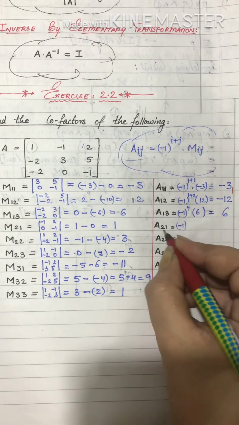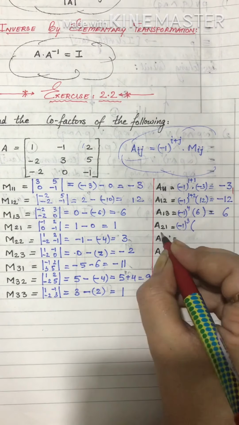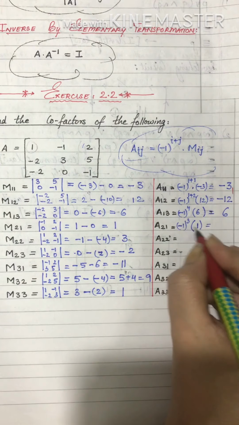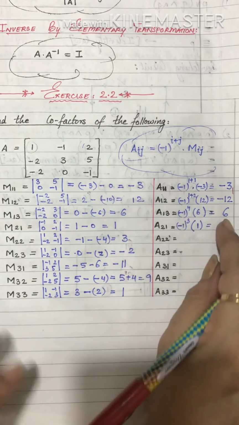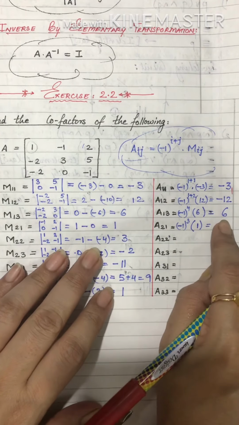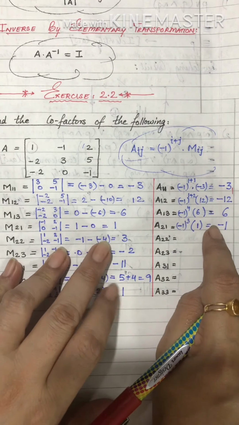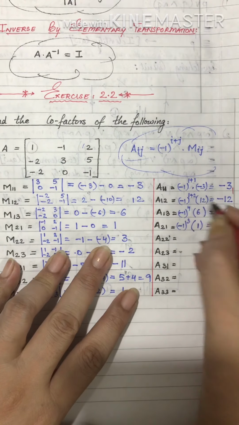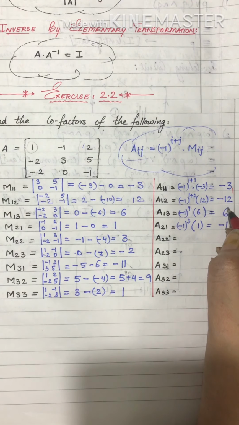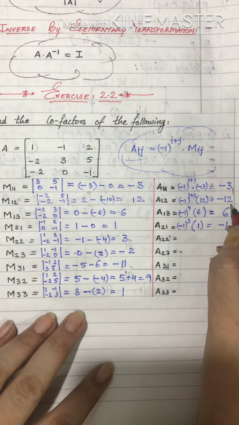Then minus 1 raised to 3 into 1, so we are getting minus 1 here. Okay, one thing you are checking out, we are getting the same value as the cofactor, but wherever it is minus 1 raised to an odd number, we are getting the value opposite in sign.